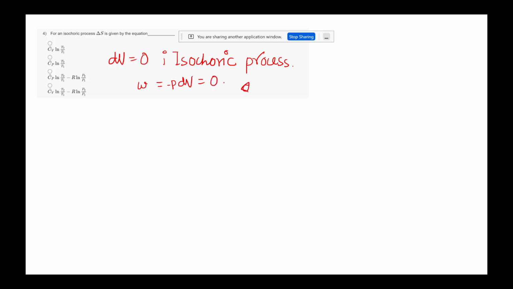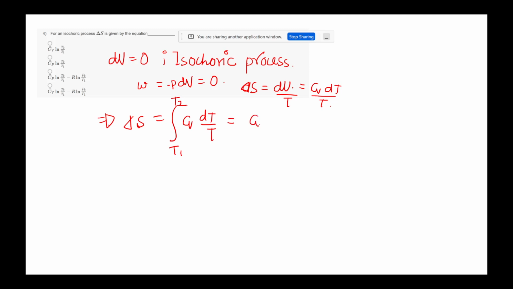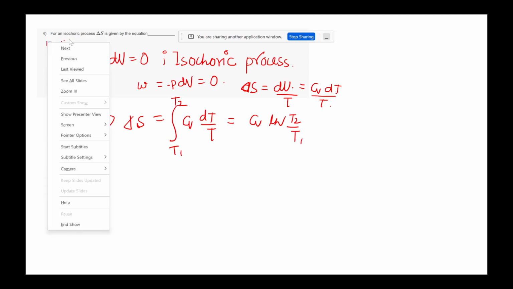Only the entropy change, or del S, will be from dU, which is Cv dT by T. Now if you integrate, the change in entropy delta S will be the integral from T1 to T2 of Cv dT by T, which is Cv ln T2 by T1. So this will be option number 1.